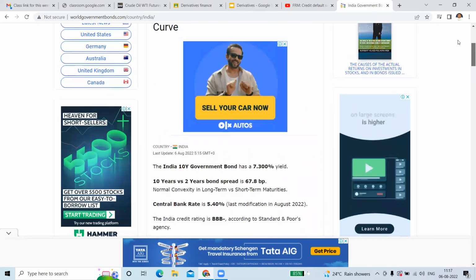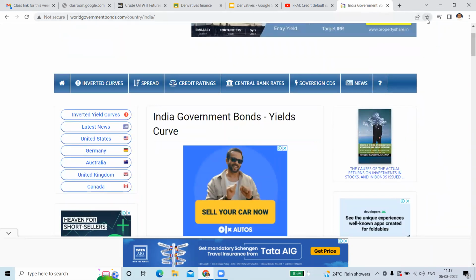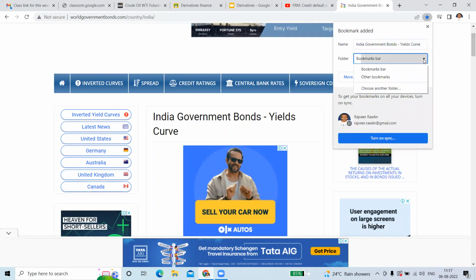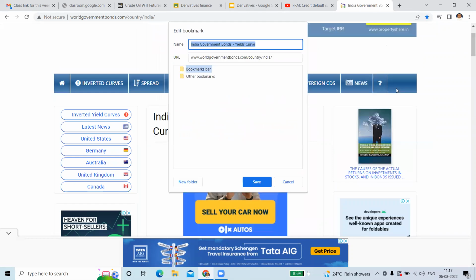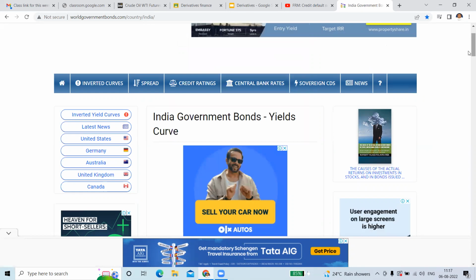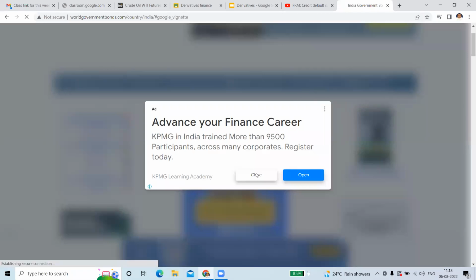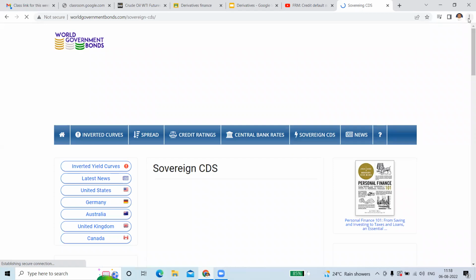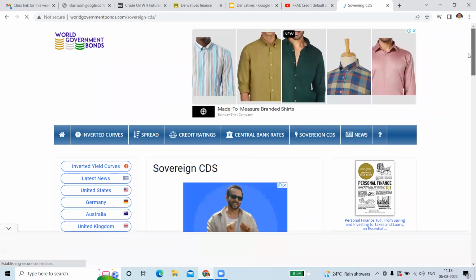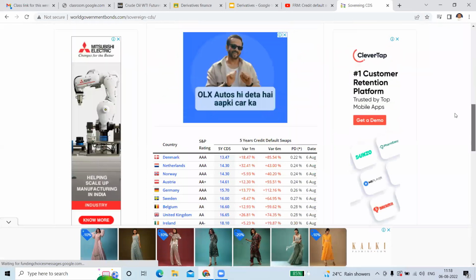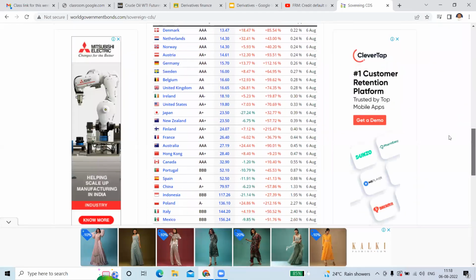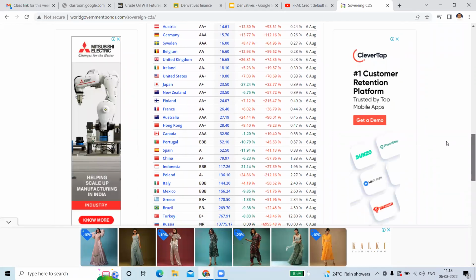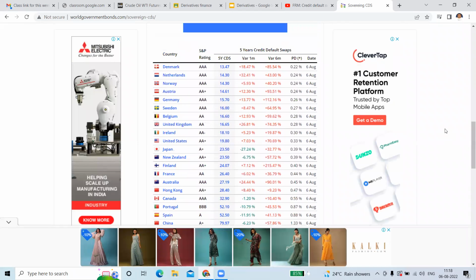This is India data, but interestingly, let's see. If you go to sovereign credit default swaps, you would have seen this, right, in your fixed income class? Yes. So by looking at these credit default swaps, you can assess the probability of default.